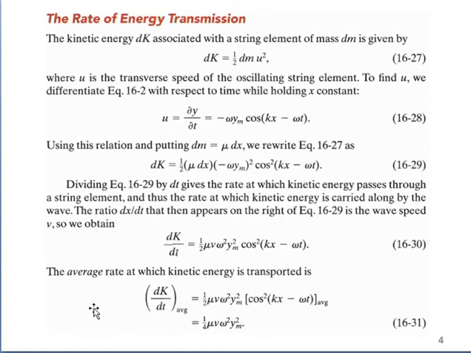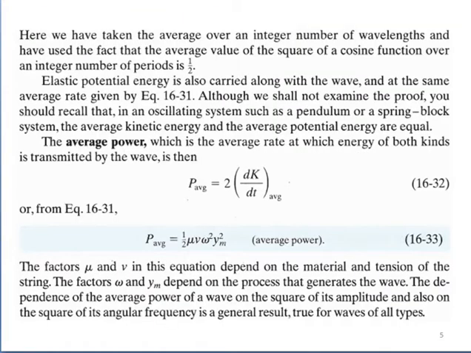To find the total rate of energy transmission, we take P average equal to twice dk by dt average, where the two terms come from the kinetic and potential energy. So the average power transmitted is given by half mu v omega square ym square.